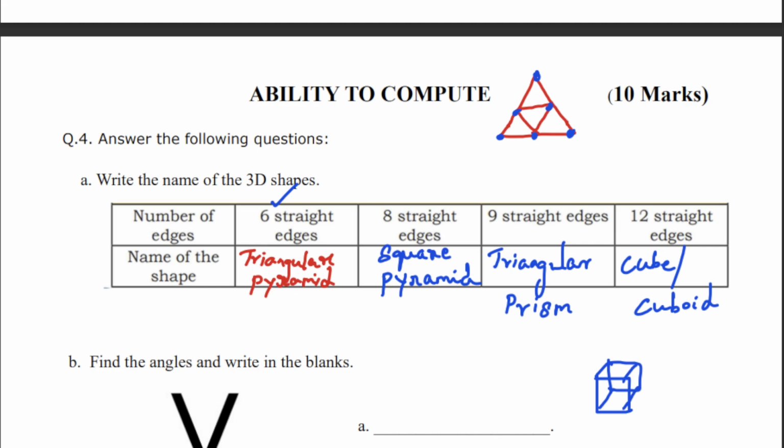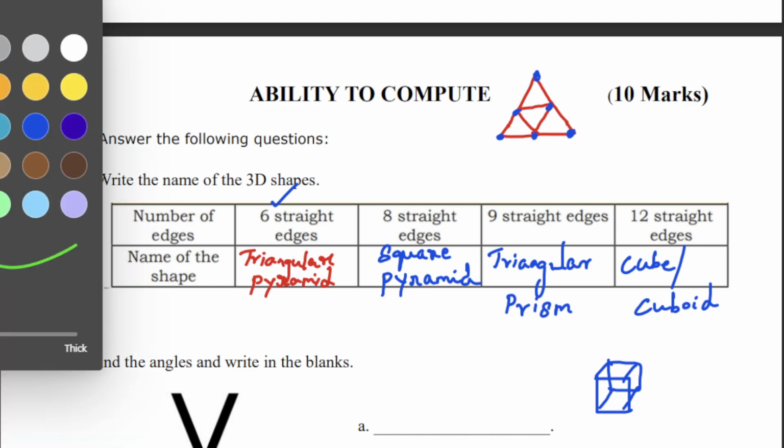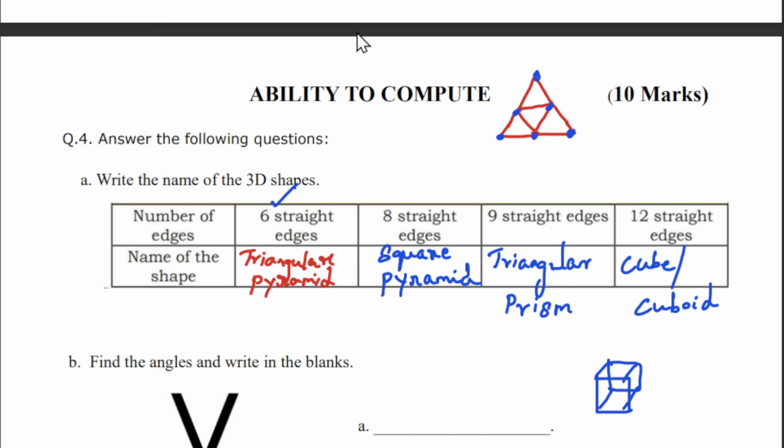I'll do this in green. So we have 1, 2, 3, 4, 5, 6, 7, 8, 9, 10, 11 and 12 straight edges. Okay, next.